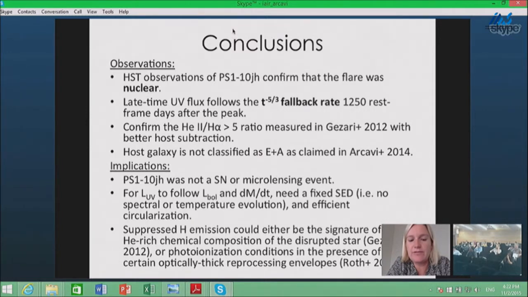So there's still enough extreme UV photons around to ionize the helium.